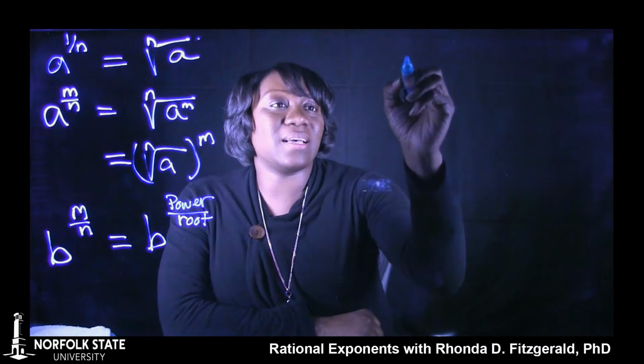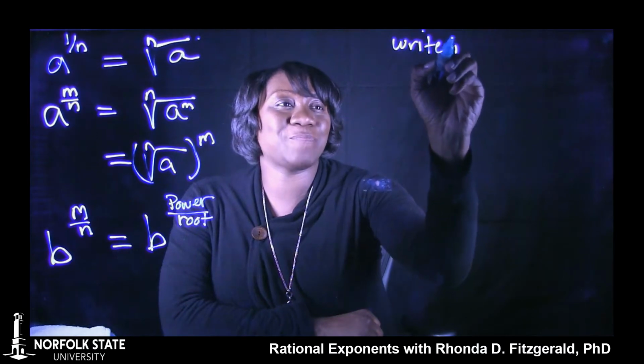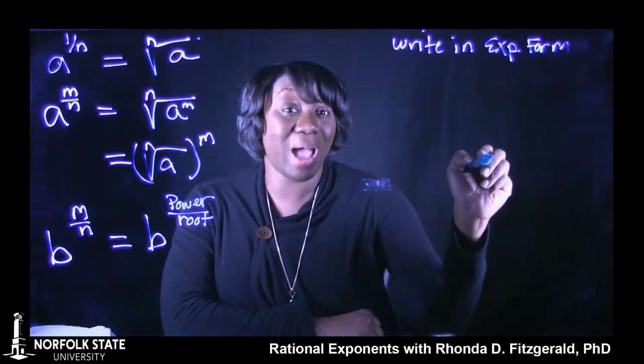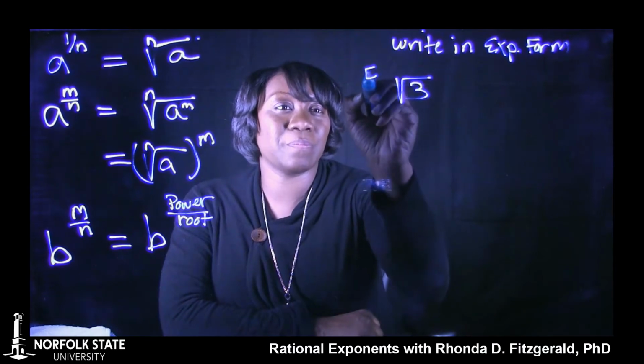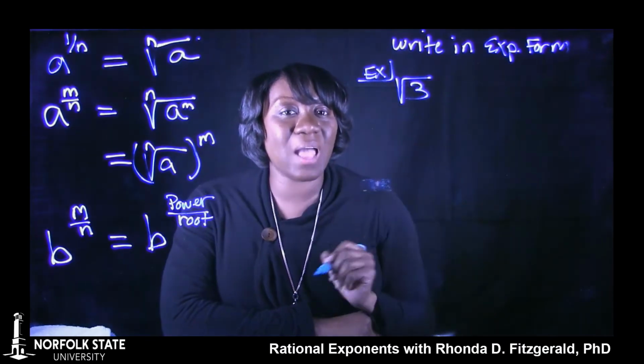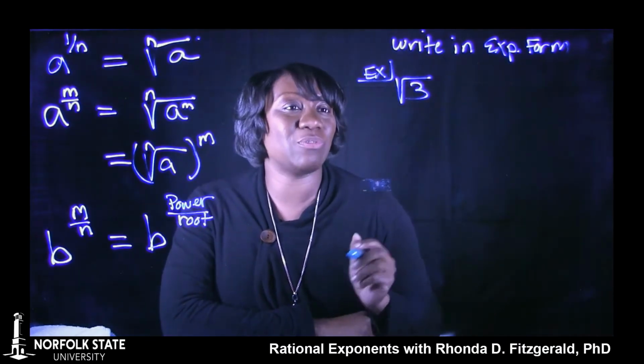So now let's look at a couple of examples. What if I needed to write this in exponential form? I want to take the radical form, the square root of 3, and put that in exponential form.